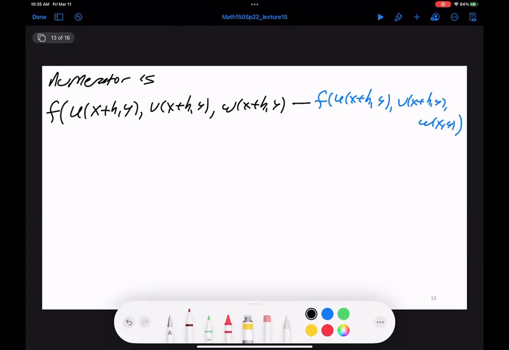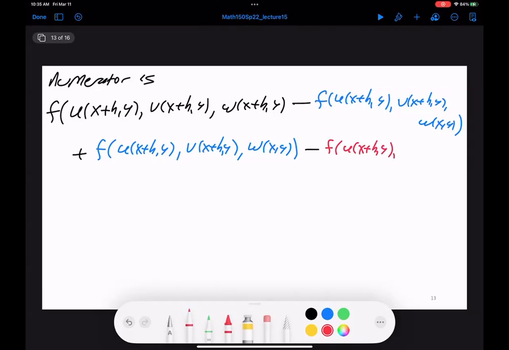And now I add back what I just subtracted, f of u of x plus h, y, v of x plus h, y, w of x, y. And now I subtract f of u of x plus h, y, v of x, y, w of x, y.